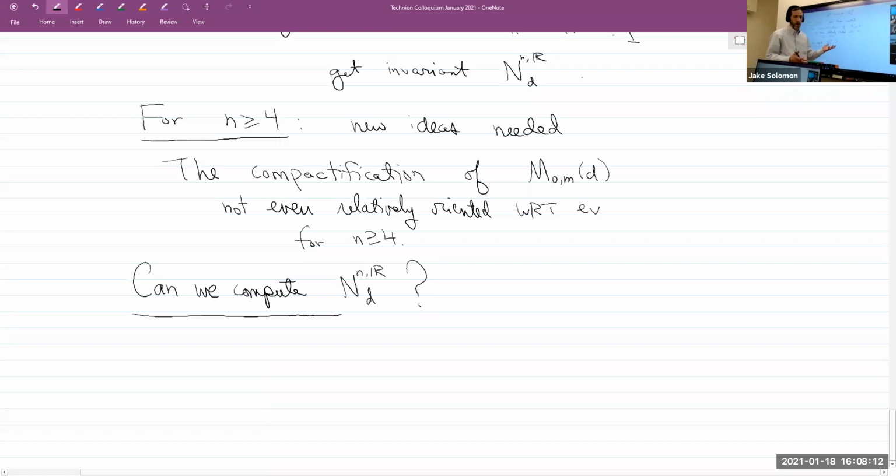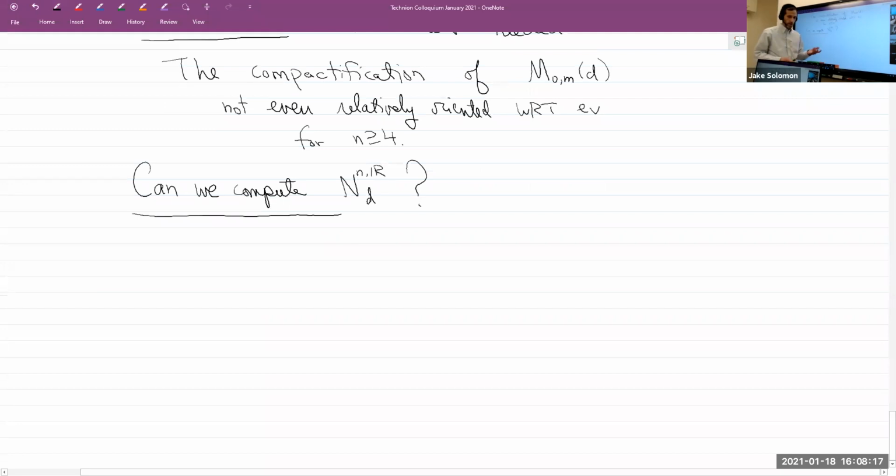And let's try to compute it, okay? I didn't write down the WDVV equation, which was the key to this work of Gromov-Witten, Kontsevich, etc. But here I'm going to write down, just to give you a really concrete feeling for what's going on, something called the Open WDVV equation.